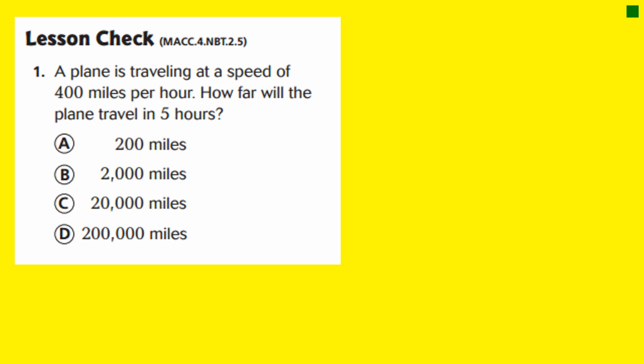Okie dokes, lesson check on the back. Number 1, a plane is traveling at a speed of 400 miles per hour. How far will the plane travel in 5 hours? So let's see, going back, a plane is traveling 400 miles per hour.